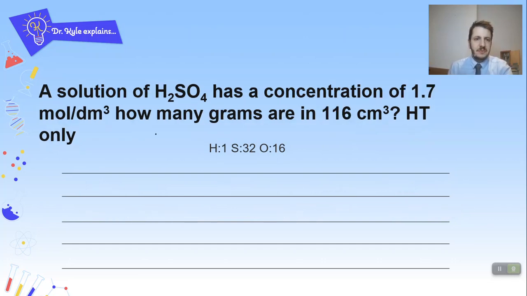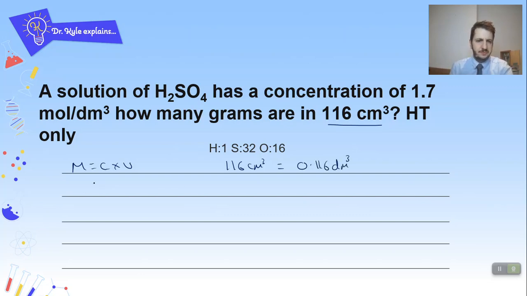Okay, a solution of H2SO4 has a concentration of 1.7 moles per decimeter cubed. How many grams are in 116 centimeters cubed? Okay, so this is where we really need to be paying attention to our units. So let's work this out. M equals C times V. I've got a volume here of 116 centimeters cubed, and I'm going to work this out as 0.116 decimeters cubed.